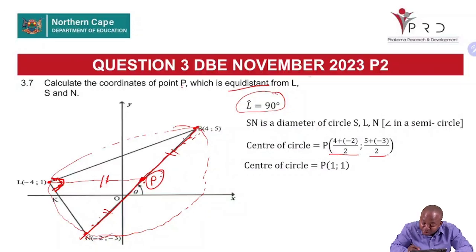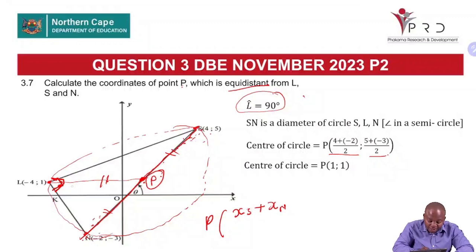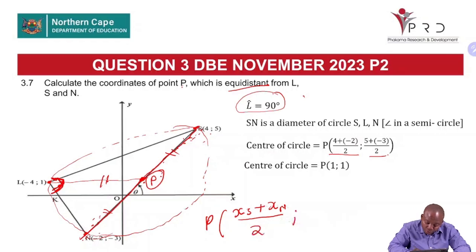Remember, to find the coordinates of the center P, it's going to be x value of S plus x value of N, because P must lie on SN. So P must lie on SN so that these distances are equal, given that this angle is 90. It's an angle in a semicircle. All over 2, and then y value of S plus y value of N all over 2.